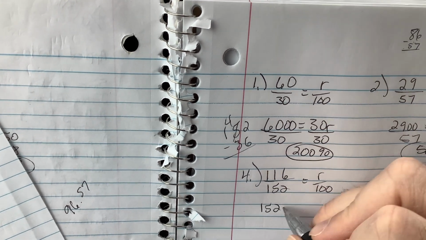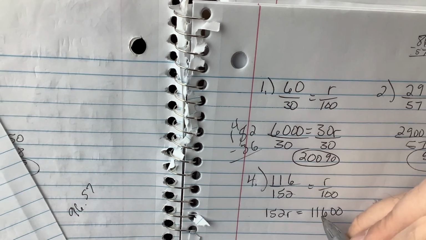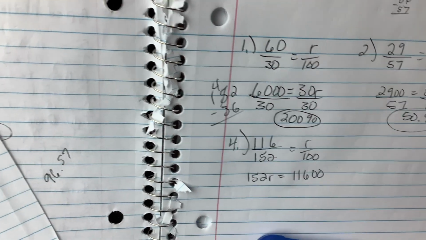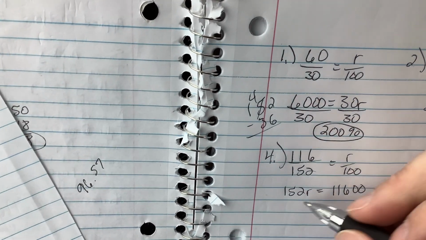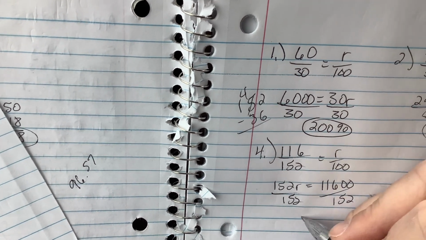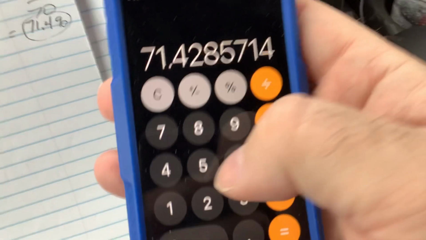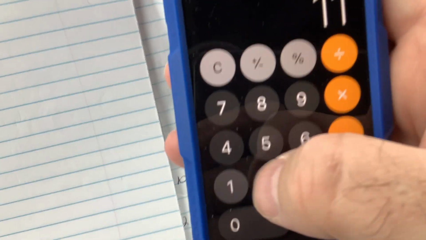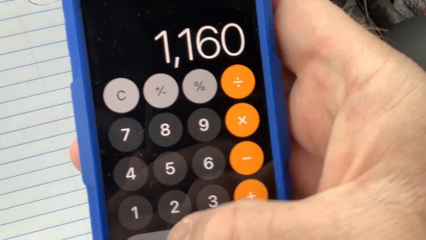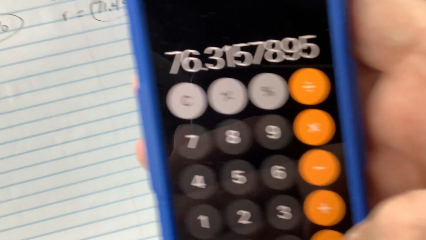So 152r is 11,600. And then you divide by 152, and the rate of change is going to be 76.3%.